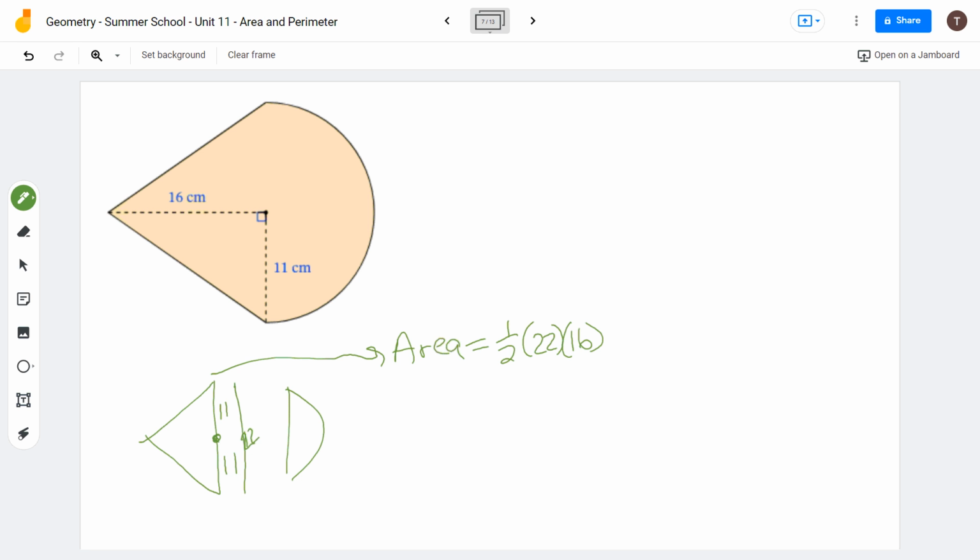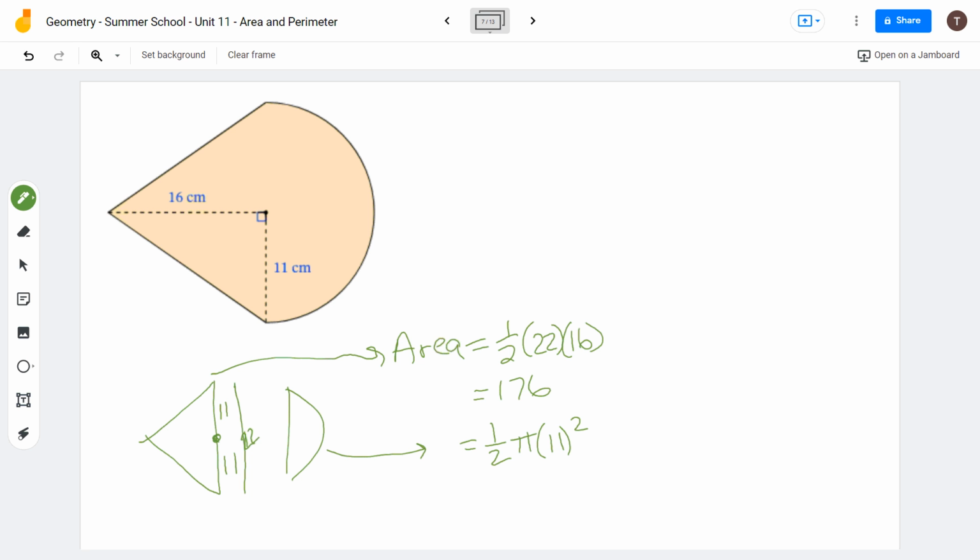So 1/2 or 0.5 times 22 times 16 is 176. Now for the semicircle, I only have half of the circle. So the area of a circle is pi r squared. My radius was 11, but I only have half of that, so I'm going to multiply that by 1/2.